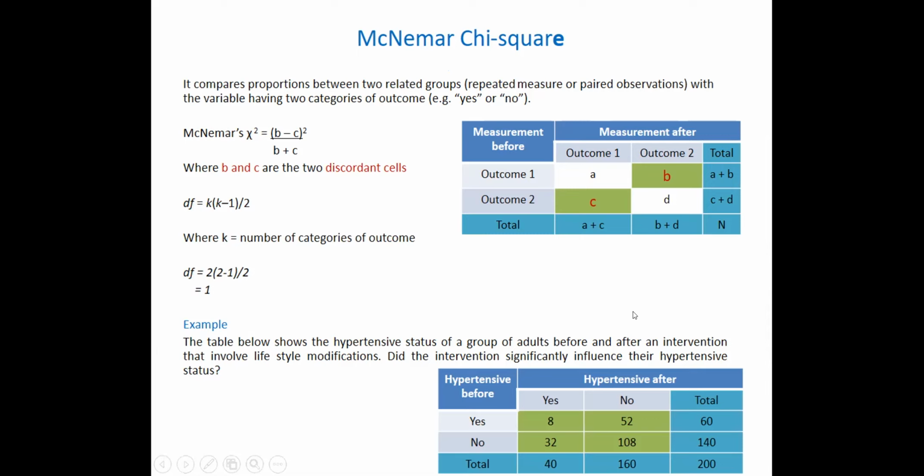Now, you will notice something if you come to the example we used. Of these four cells, two of them are concordant cells and two of them are discordant.